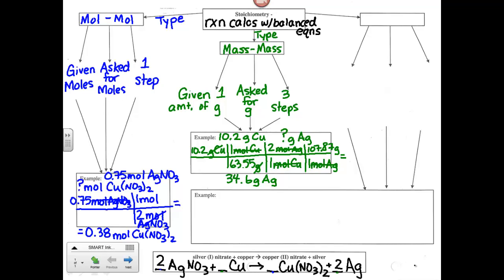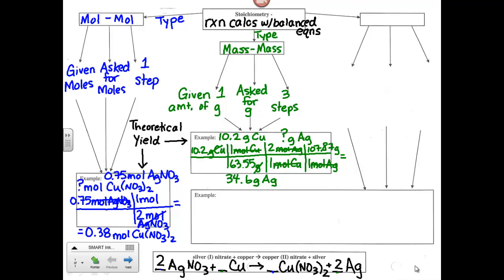These two kinds of calculations can be used to find what we call the theoretical yield. Remember, the theoretical yield is how much should be produced. This is your theoretical 100%, how much should be produced.